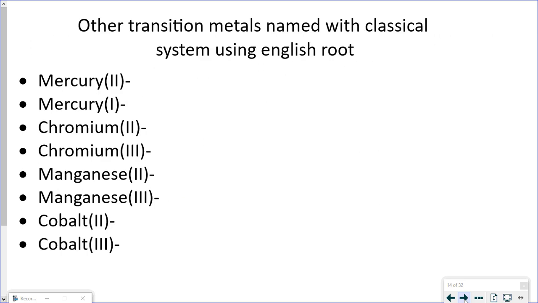You can also name other things with the classical system, but it will use the root of their English name. So for example, mercury can be +2 or +1. Since +2 is the higher charge, that would be mercuric.